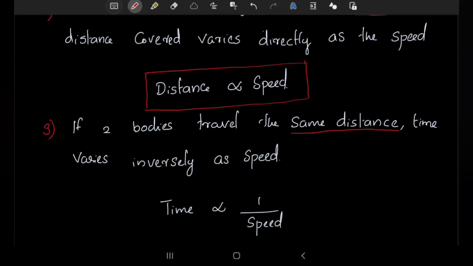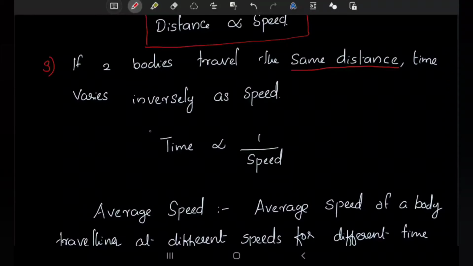If the time required is less, its speed is greater. If the distance remains constant, more speed requires less time, and if the speed is less, it takes more time. That is, time is inversely proportional to speed.